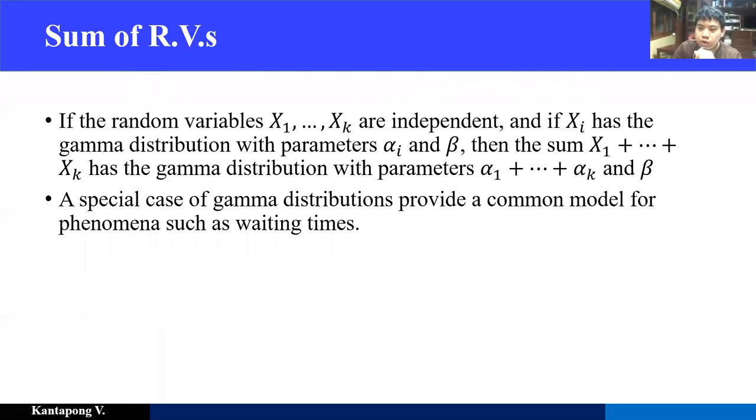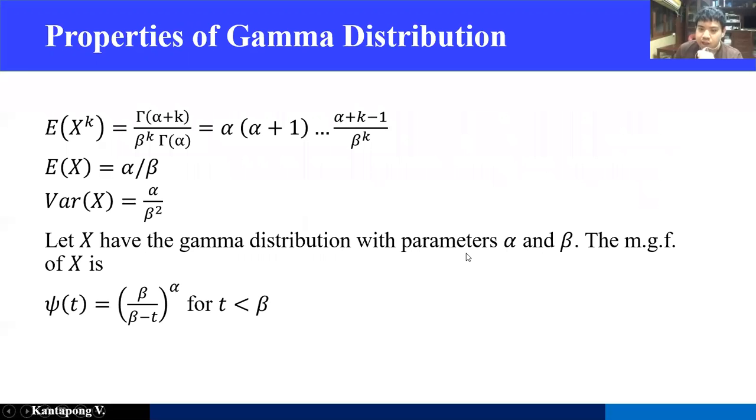Then we talk about the sum of random variables. If the random variables x1 to xk are independent and xi has the gamma distribution with parameters alpha i and beta, so the common parameter is beta, then the sum x1 plus ... plus xk has a gamma distribution with these parameters. Let's see the definition of the MGF.